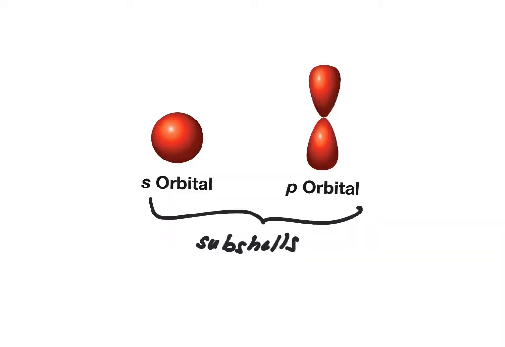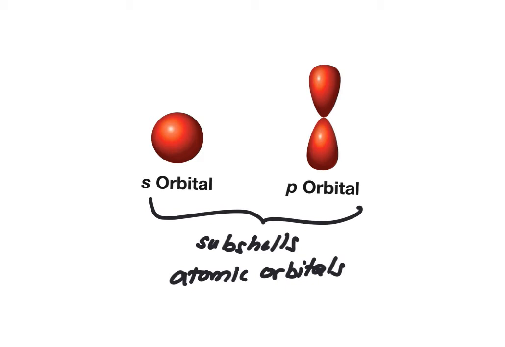Shells are divided into subshells, also known as atomic orbitals. Depicted here are the 2 atomic orbitals that we will deal with primarily in organic chemistry. This is a region of space defined with respect to the nucleus of a given atom. Two examples here are the s orbital, which is spherical, and the p orbital, which has two lobes.